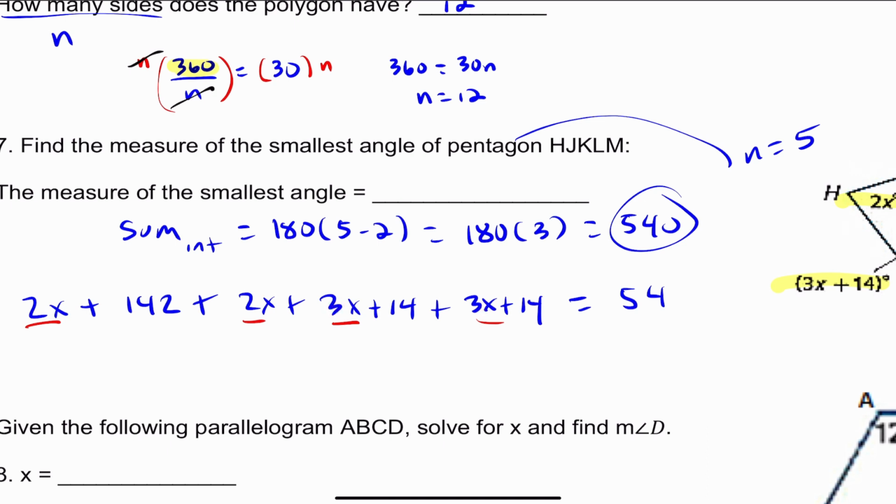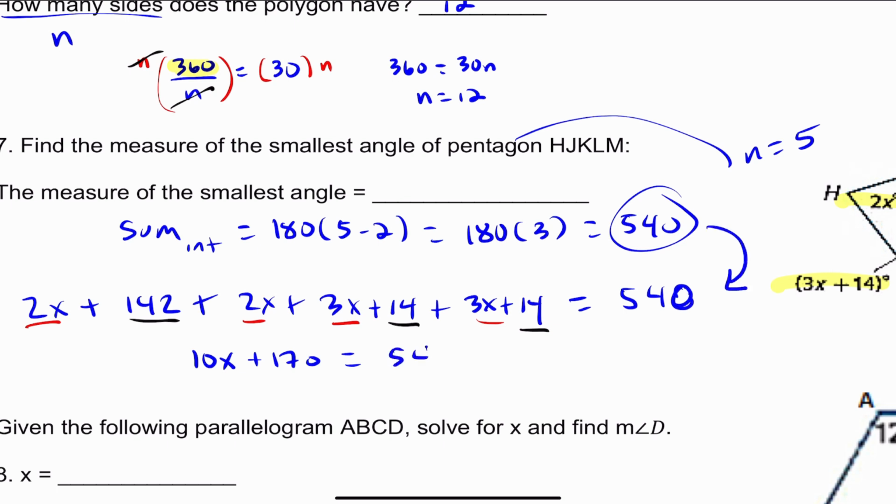So I actually have 10x. Then I'm going to combine our constants. 142 plus 14 plus 14 is 170. And I set that equal to 540.